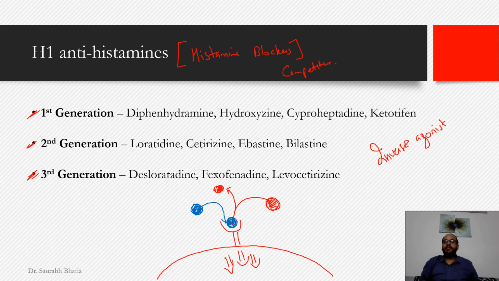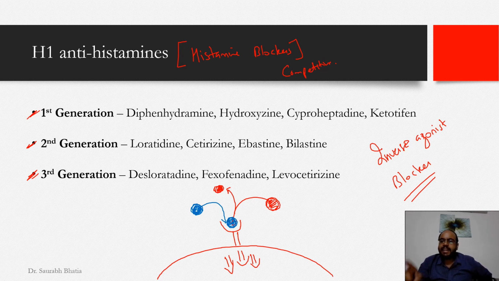So what do we mean by inverse agonist, and what is the difference between a blocker and an inverse agonist? A blocker means that it will attach itself to the receptor and will not allow the receptor to function. That is a blocker. Okay, remember your pharmacology, MBBS third year, second prof. A blocker is attaching itself to the receptor, not allowing the receptor to function.